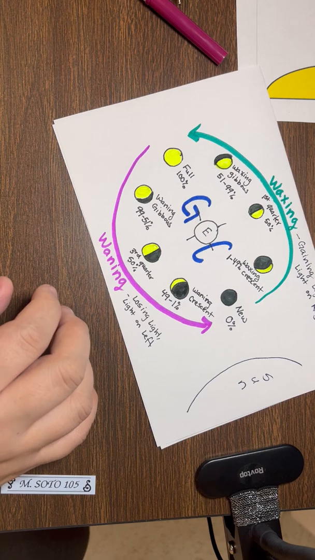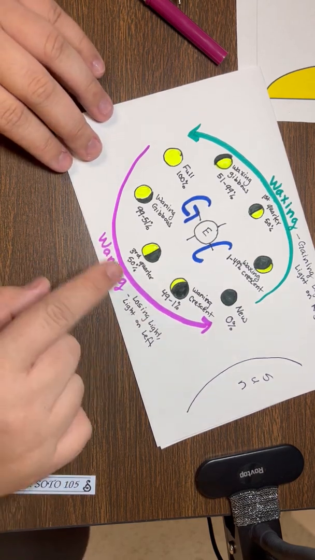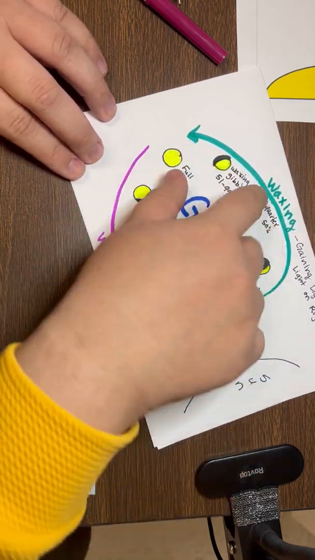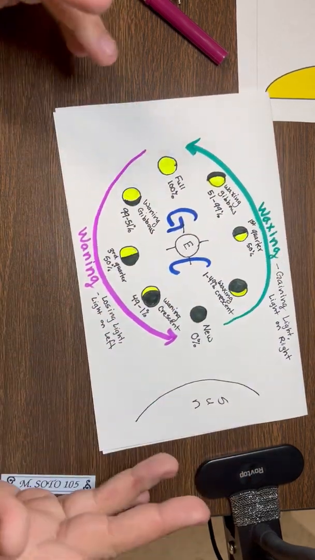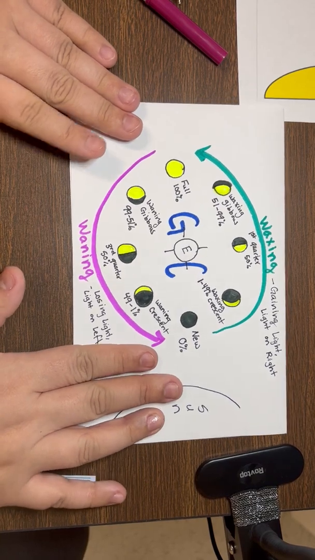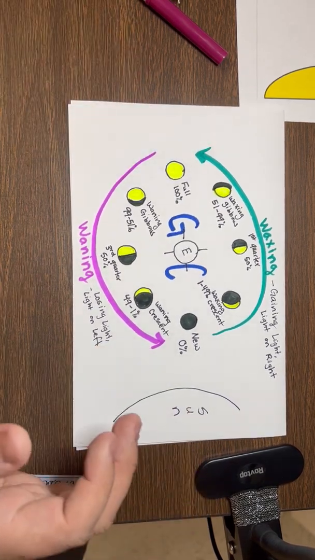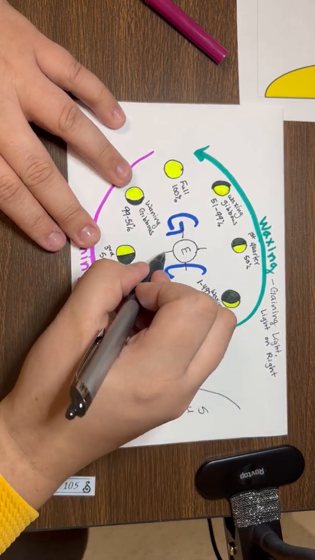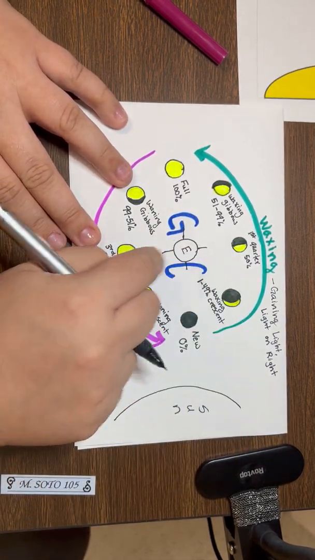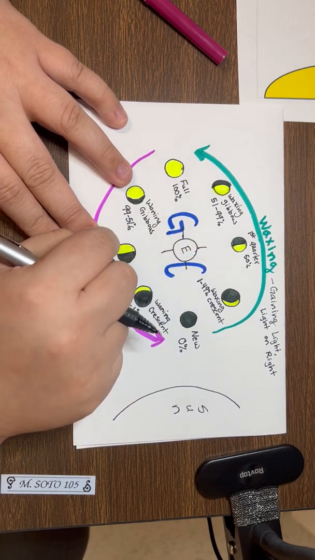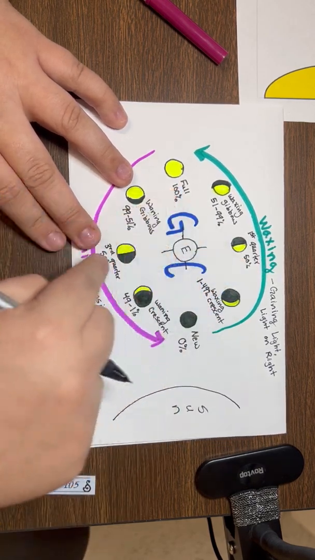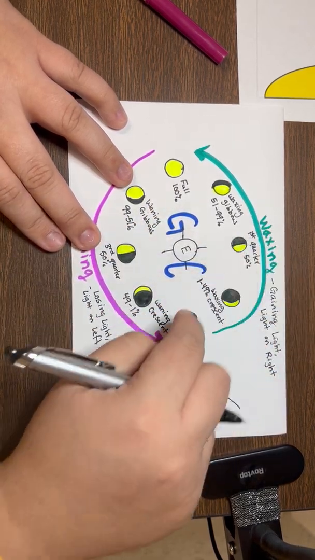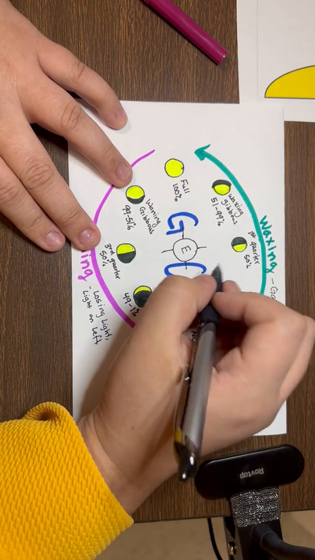And then the last thing we have to note is how long it actually takes for the cycle to go through. The entire cycle takes about 28 days. It's 27.5, but we're going to round it to 28. So a full month to go through the cycle. From each major moon phase, which is where I drew these lines pointing to them, the ones with only one number associated with them, it takes 7 days.